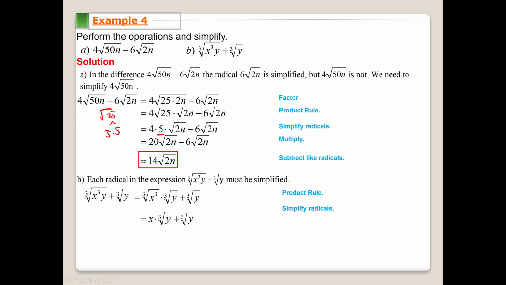You can simplify this, in which case the cube root of x cubed is just x. So if you remember this as well, the cube root of x cubed is the same thing as saying x cubed times 1 over 3.